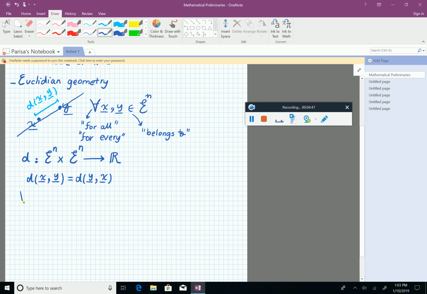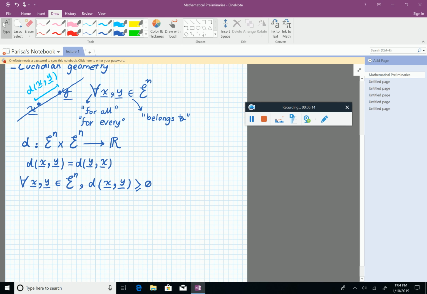Another somewhat obvious property is also that for every x and y that are in the Euclidean point space, the value of this distance is non-negative. So it's equal to or greater than 0.